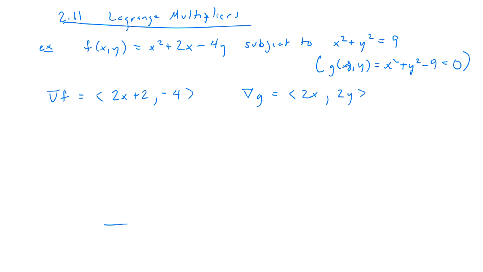So we take the two gradients, and what the theorem says is at a maximum, one is going to be a scalar multiple of the other one. So the two gradients are going to be parallel, and therefore there will be a lambda, which is called the Lagrange multiplier, so that these are equal.